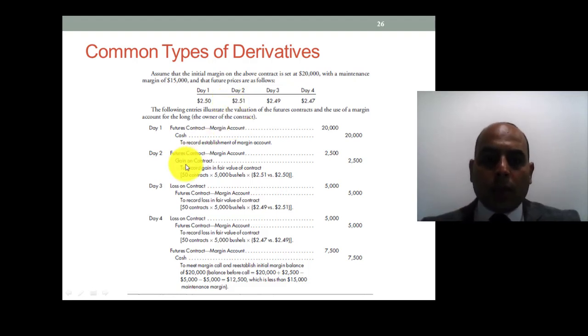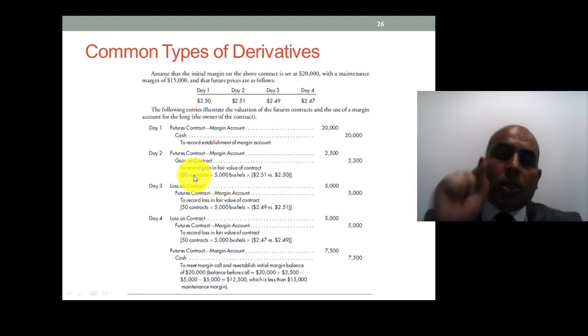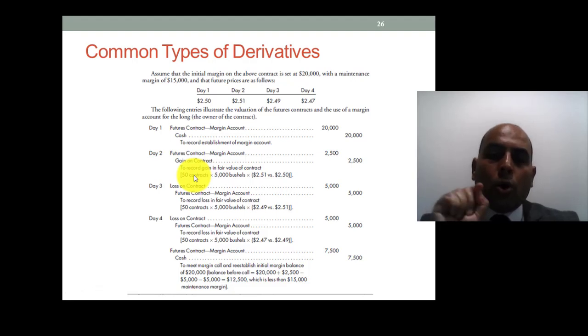We have acquired 50 contracts. Each contract has 5,000 bushels. So we are talking about 50 contracts multiplied by 5,000 bushels, which is 250,000 bushels. On each one we earn 0.01.